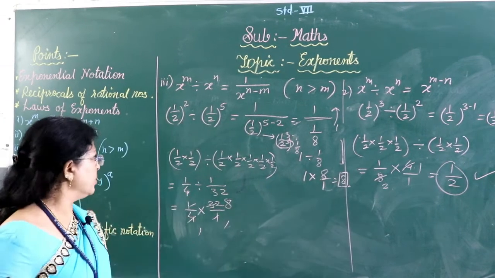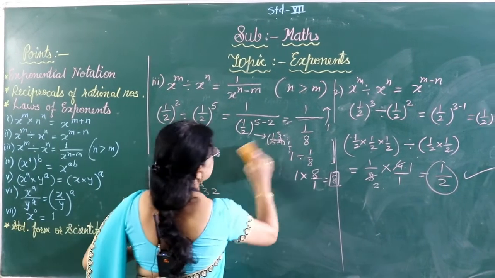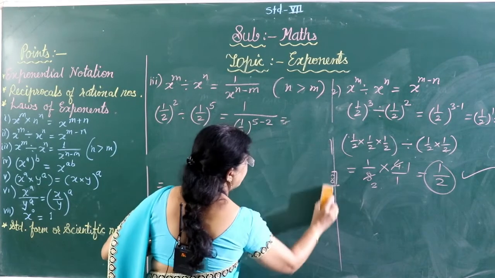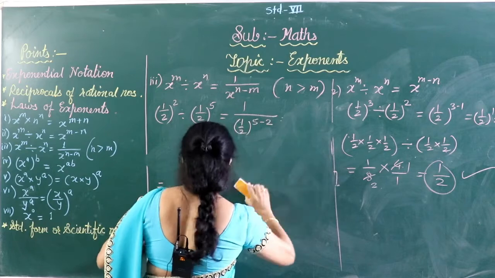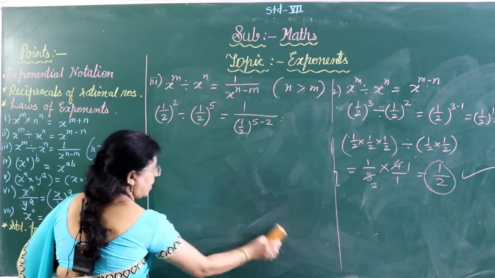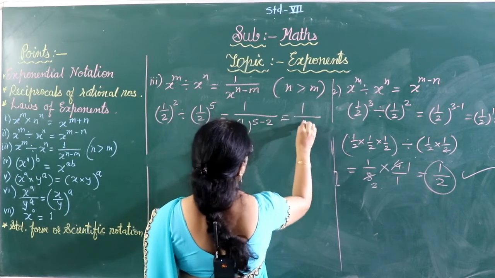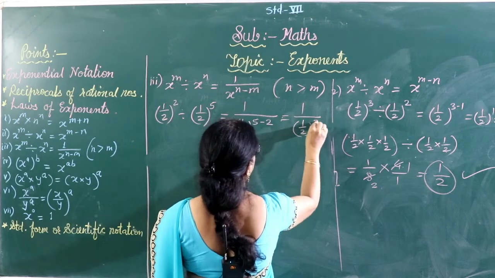Okay, in this way by both methods we are getting the same answer, but in this chapter we are going to apply the laws to solve the problems. Okay, now next law.